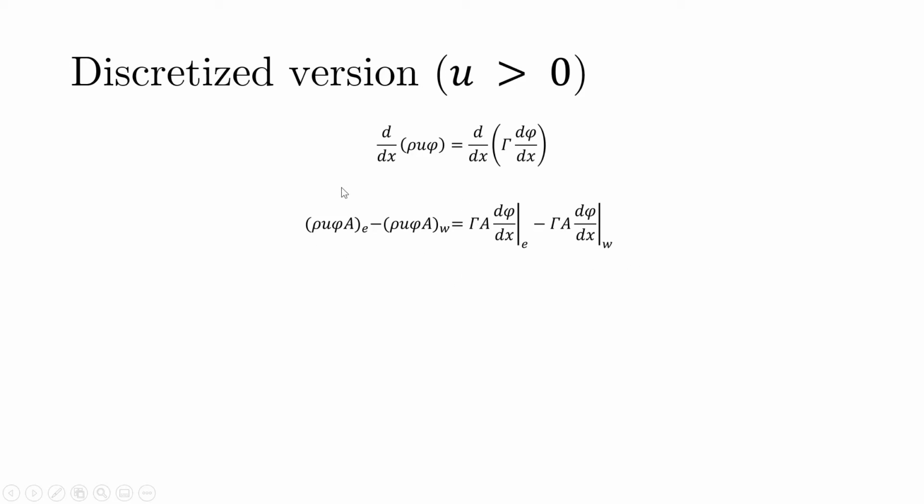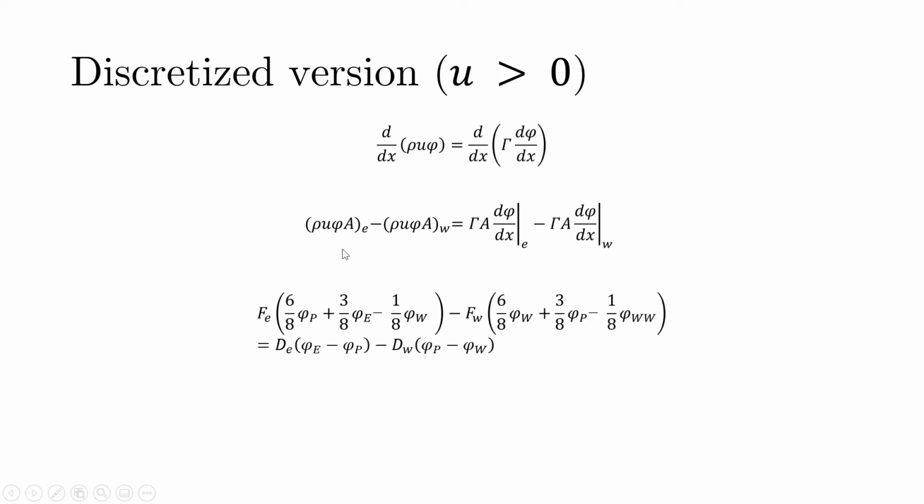The only modification is regarding the left hand side terms, that is phi at small e and phi at small w. If I plug in rho into u into a, or maybe the areas can get cancelled out if they are uniform, I can squeeze them down into this F term.